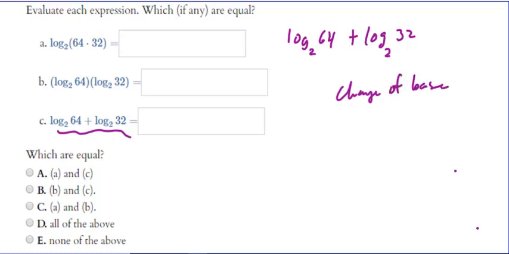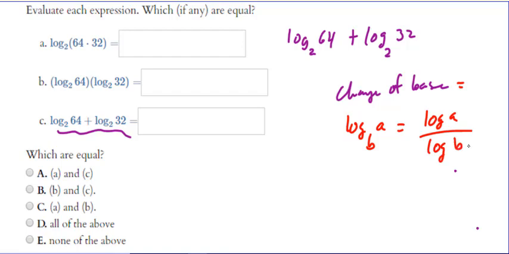Now my calculator will allow me to do log base 2 of 64, and I'll show you that. But I'll do one of them with change of base, one of them with my calculator stuff, because some of you may have an 84 that's got this, and I want you to be able to use it. But the change of base formula says the log base b of a is nothing more than the log of a over the log of b.